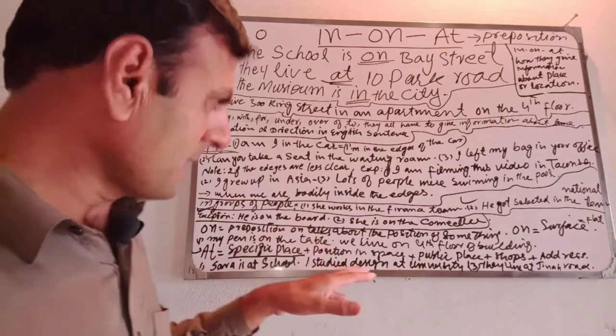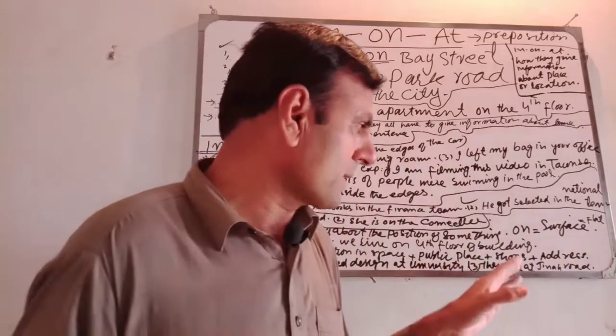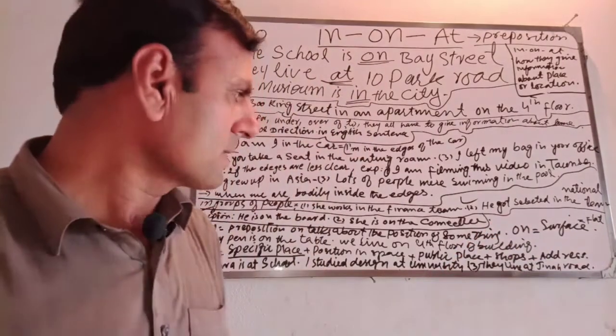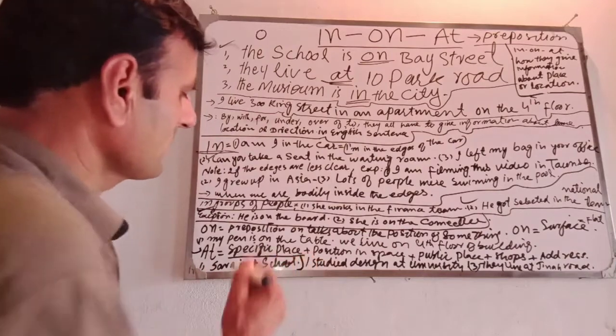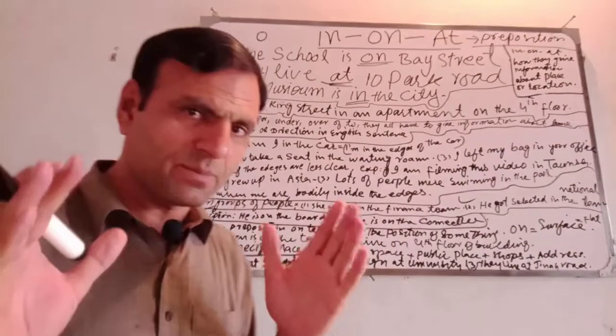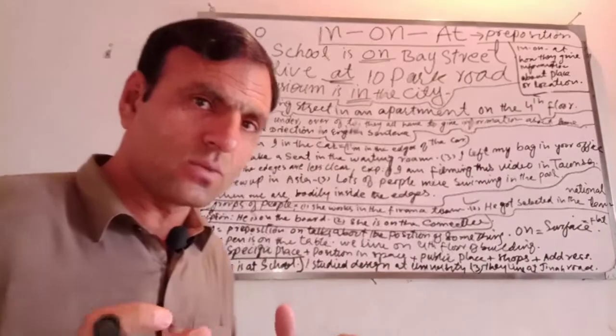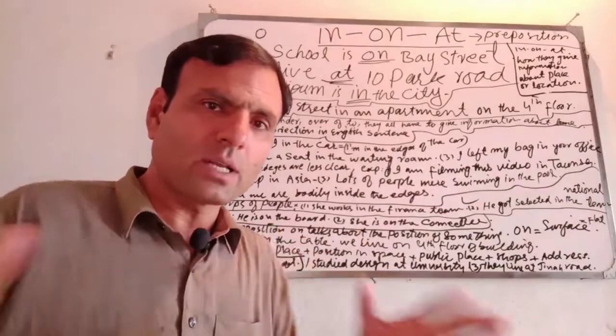Preposition at: place, position of the place, public place, shop, addresses. See here: Sarah is at school. Specific place, school is a specific place. We said at school because school is a specific place in the whole city.